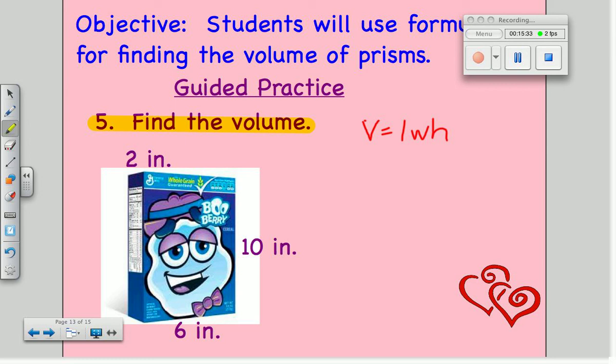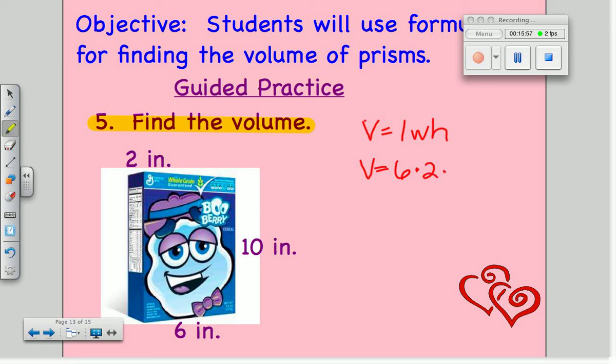So, Cynthia, do I know the volume? No, it doesn't give me the volume. Does it give me the length? Yes. What's the length? 6. Does it give me the width? Yes, 2.